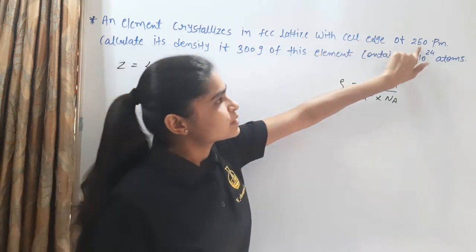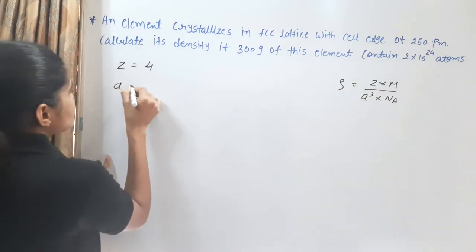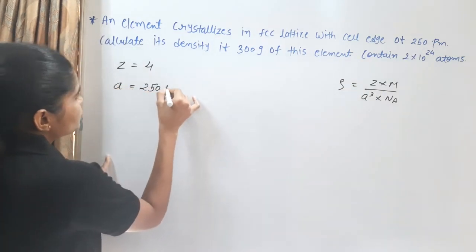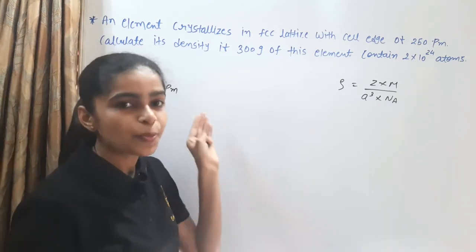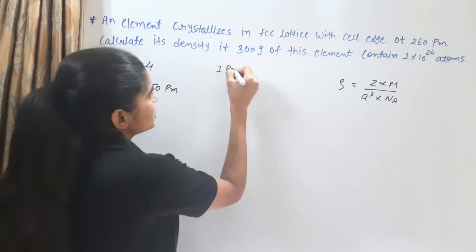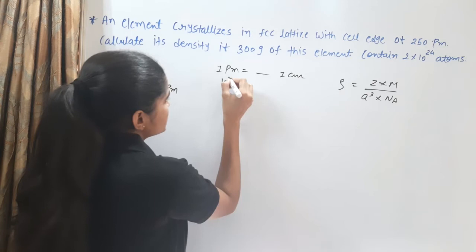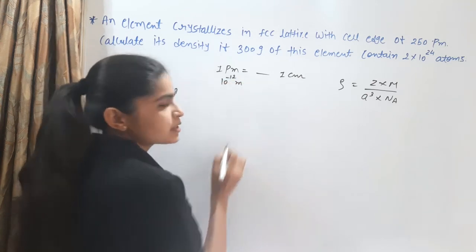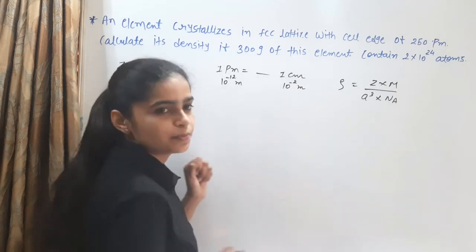Then the cell edge a is 250 picometer. In the previous lecture we discussed how to convert picometer into centimeter. 1 picometer is 10 raised to minus 12 meter and 1 centimeter is 10 raised to minus 2 meter.